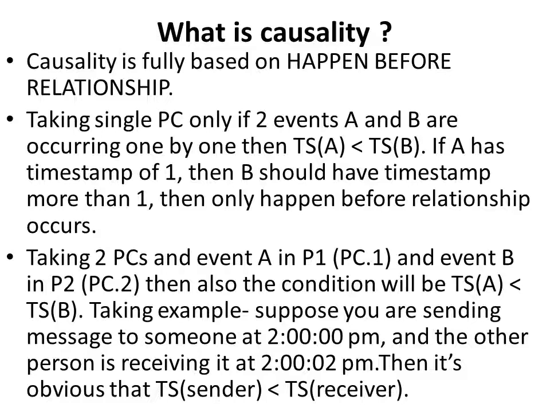The causality occurs. So now taking two PCs, with event A in PC number 1 and event B in PC number 2, the condition will also be that the timestamp of A is less than the timestamp of B. For example, suppose you are sending a message to someone at 2:00:00 p.m. and the other person receives it at 2:00:02 p.m. So 2 seconds extra are taken for the other person to receive it.